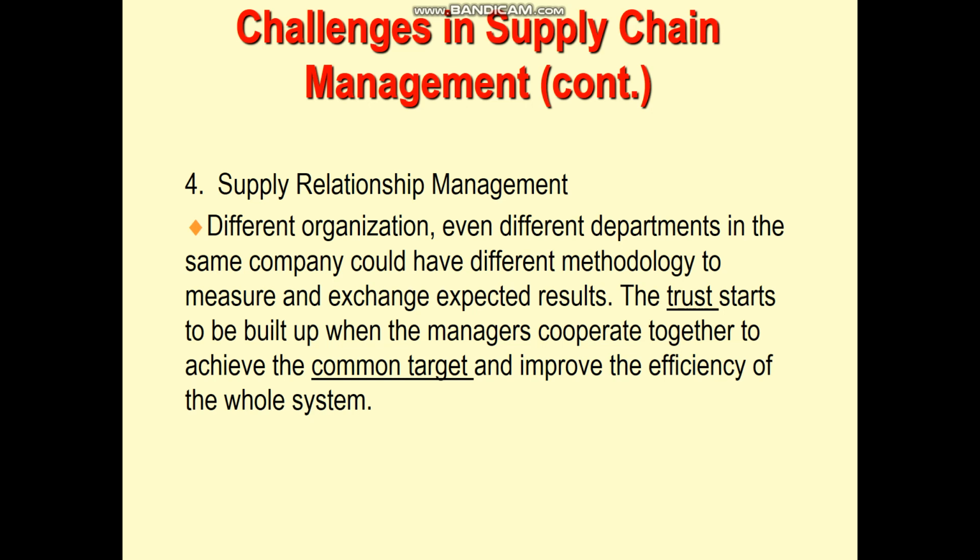And it's based on two things. The first one is the trust. We have to trust each other. And the second one is the common target. We trust each other, we strengthen our relationship to achieve the common target, our target and also the supplier's target.